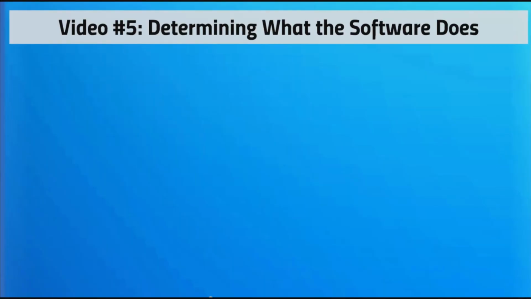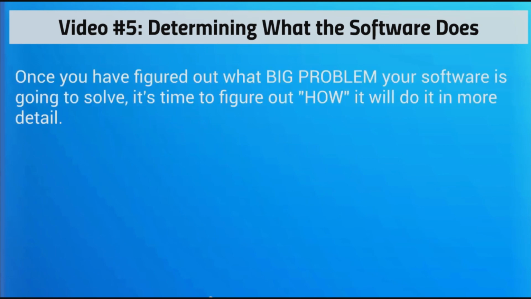Okay, so welcome to video number 5. Let's determine what the software does. Once you've figured out what big problem you're going to solve, it's time to figure out how it will do it in more detail. In the previous video, we figured out what the solution was, basically how frustrated your consumer would be with the problem and how happy they would be with the problem solved.